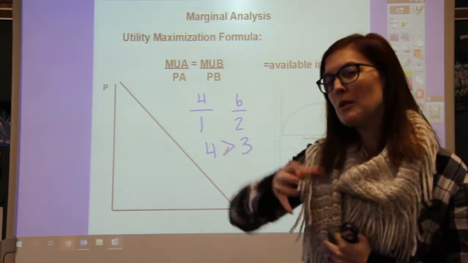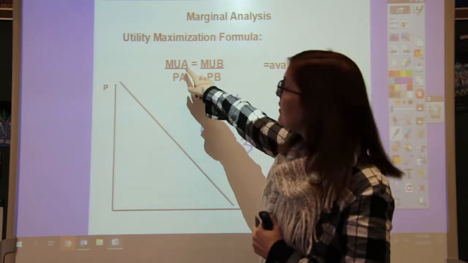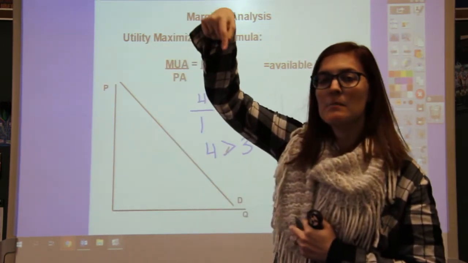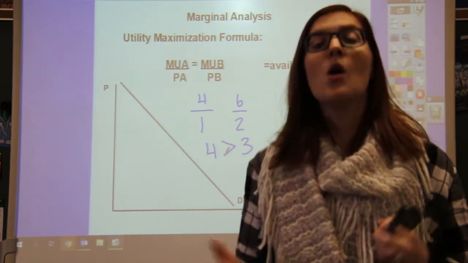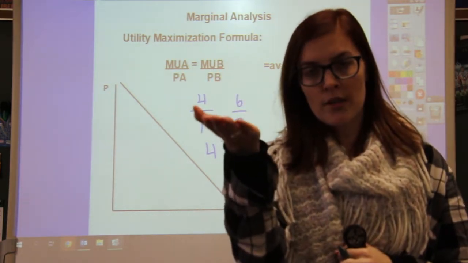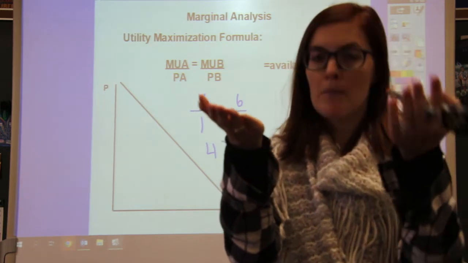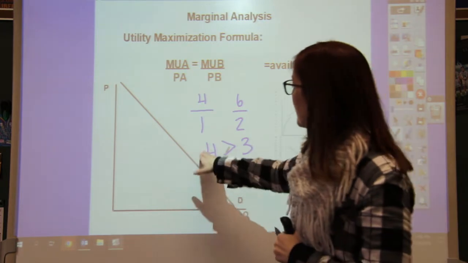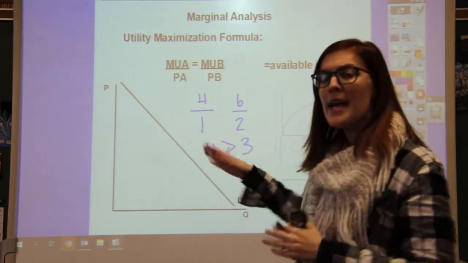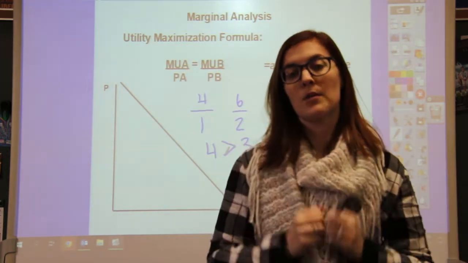And if I'm consuming more Oreos, diminishing marginal utility, this fraction is going to get smaller. And I'm going to keep consuming more Oreos until the marginal utility of Oreos over price equals my marginal utility over price of Chips Ahoy. So by consuming more Oreos and less Chips Ahoy, it brings it back into that balance that we're looking for.